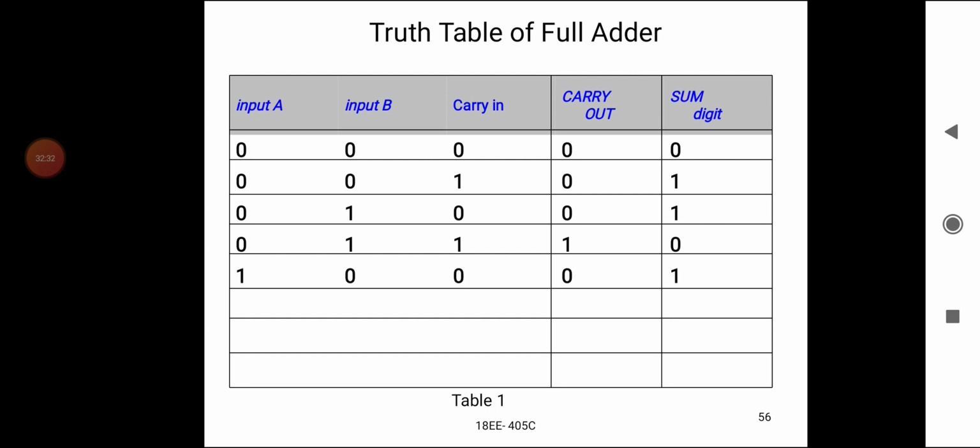When inputs are 1 0 0, sum is 1 and carry is 0. When inputs are 1 0 1, sum is 0 and carry is 1. When inputs are 1 1 0, sum is 0 and carry is 1. When inputs are 1 1 1, then sum is 1 and carry is also 1. This is the truth table of a full adder.